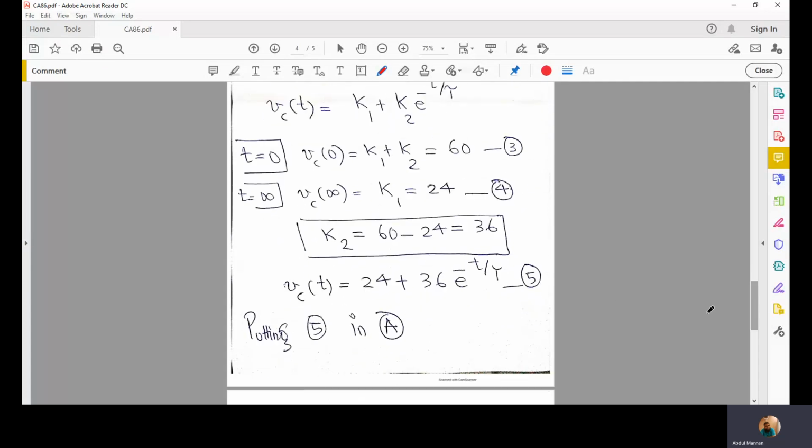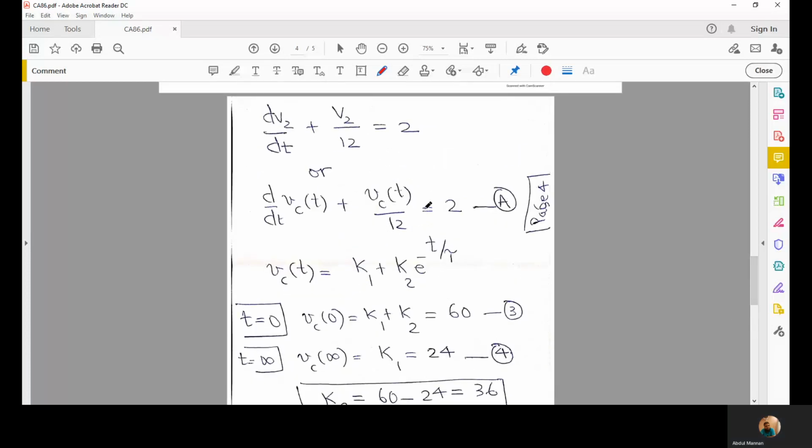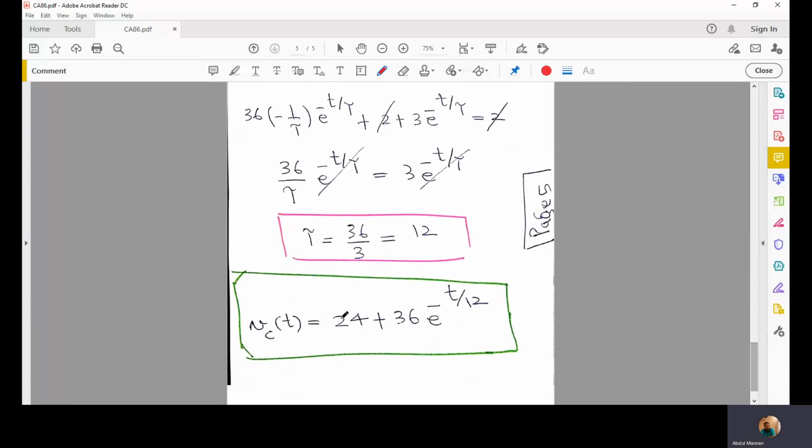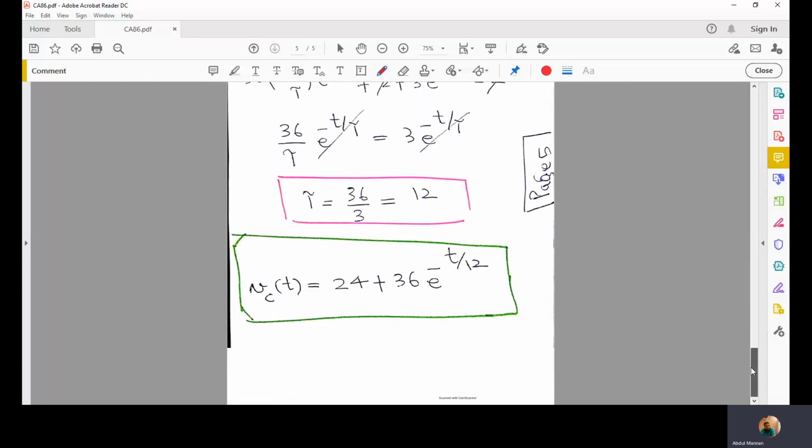So we have now computed two of the three unknowns, k1 and k2. The final unknown is tau, which we obtain by putting this equation number 5 in our basic differential equation A. Putting this in and solving the derivative term gives us tau equals 12, so VC of t is 24 plus 36 e to the minus t over 12.